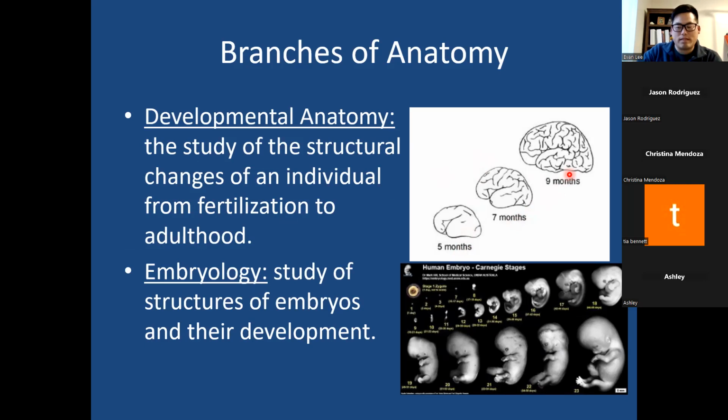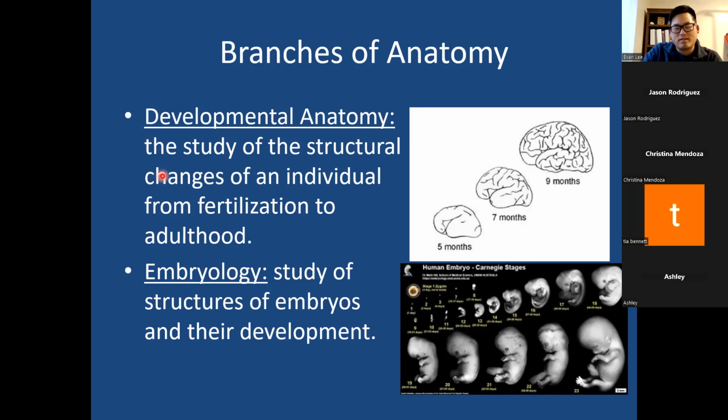You definitely change quite a lot from zygote to fetus to baby to toddler to child to adolescent to teenager, adult, and elderly. Believe it or not, you are still going to have development throughout your life, and your body is going to change. Your bones are going to change, your skin is going to change, and those are things that you study in developmental anatomy.